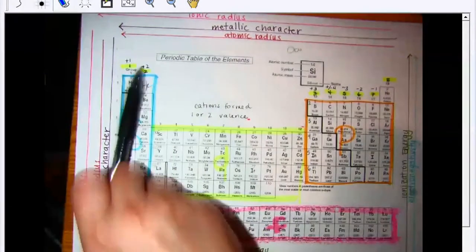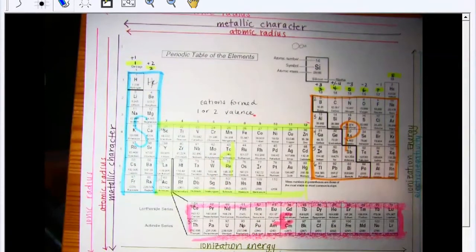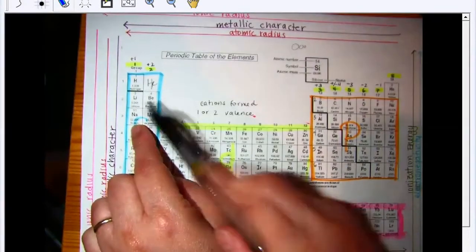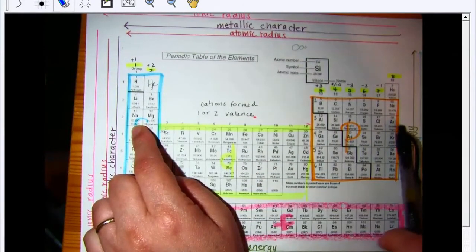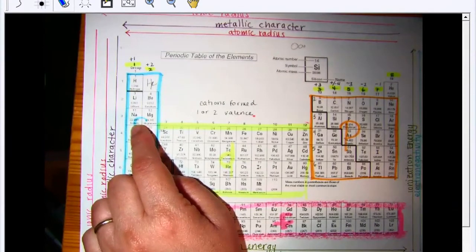Let's go to the other side of the periodic table. We said that everything in this column has 1 valence electron, and they want 8. So sodium has 1 valence electron. It wants 8. So it can either gain 7, and it becomes like argon, has the same electron configuration, or it could lose 1.